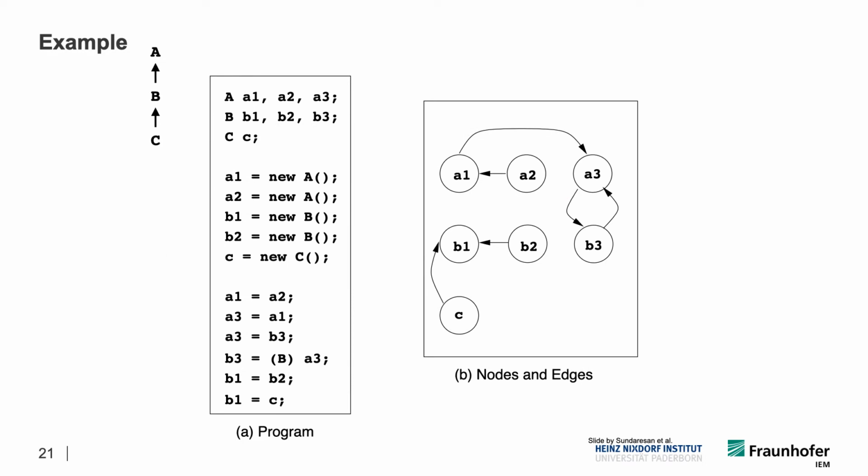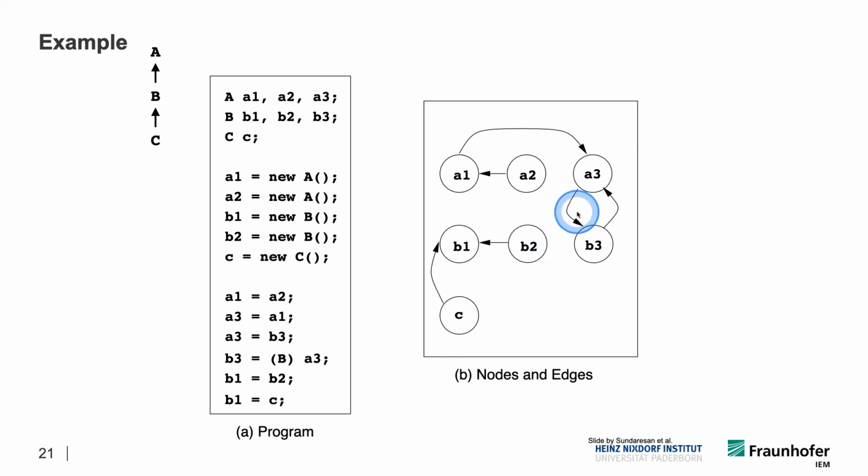Let's take a look at a more concrete example to run you through this. So let's assume we have the following type hierarchy. So C is a subtype of B, and that's a subtype of A. And now we're actually having some variables declared of these types, and they are being initialized, and then they're also being assigned to one another.